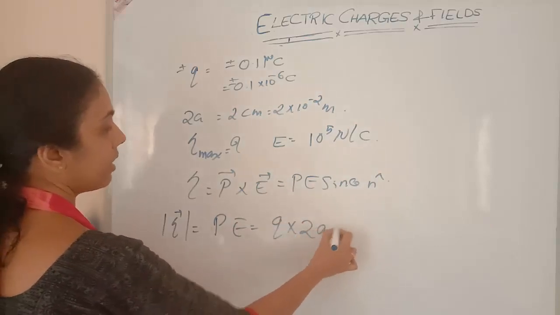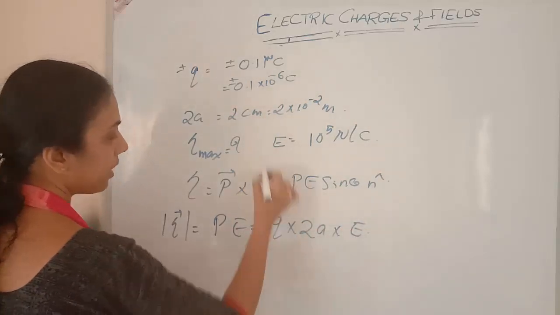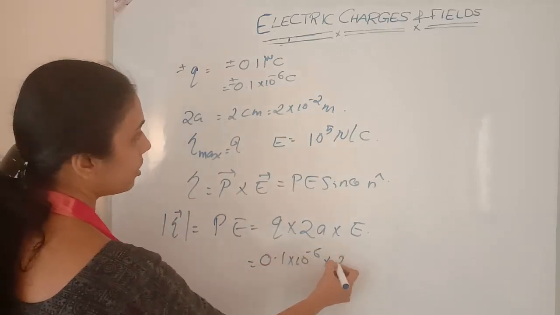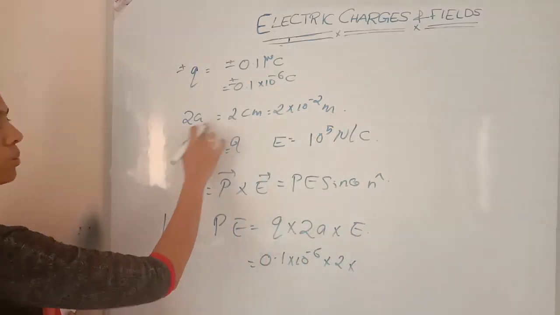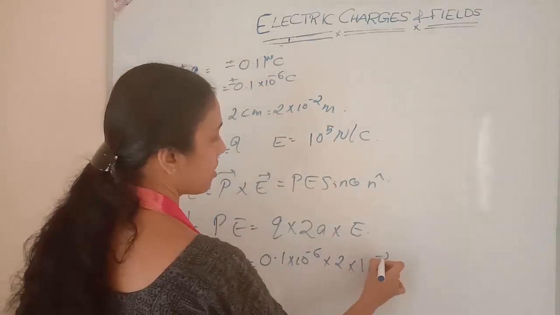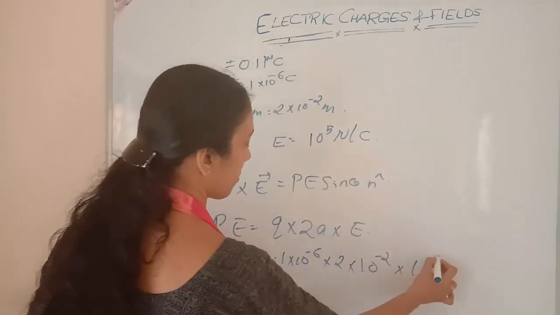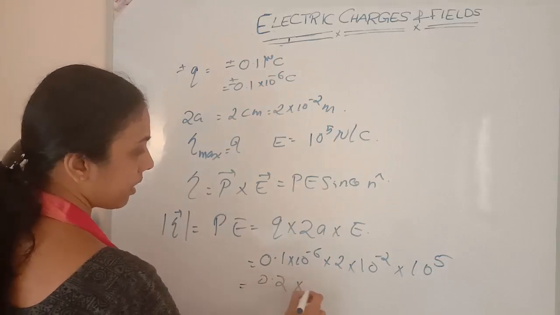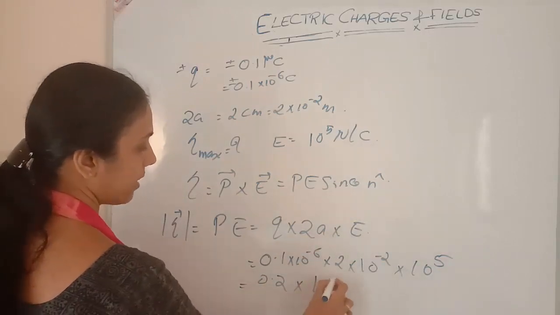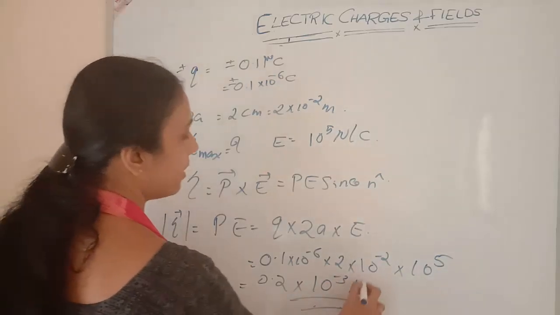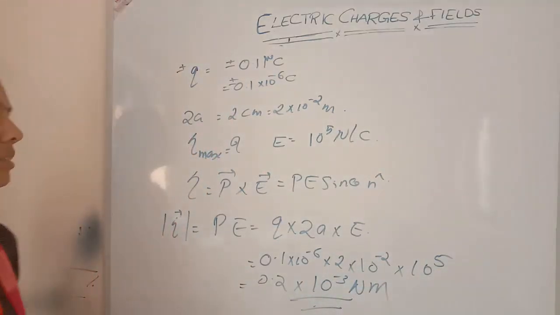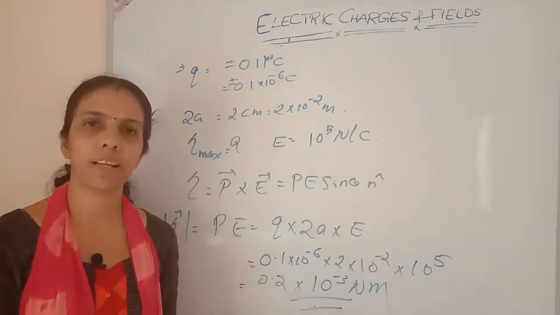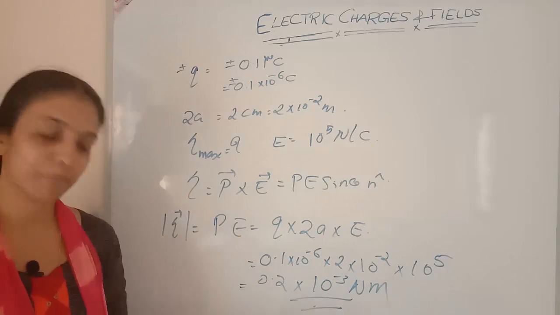Q into 2a, into E. So here Q is 0.1 into 10 to the power minus 6, 2a is 2 into 10 to the power minus 2, and E value is 10 to the power 5. So here you will get 0.2 into 10 to the power minus 3 Newton meter. The unit of torque is Newton meter, since it is r cross F, that is enough, right? So you will get it as Newton meter.